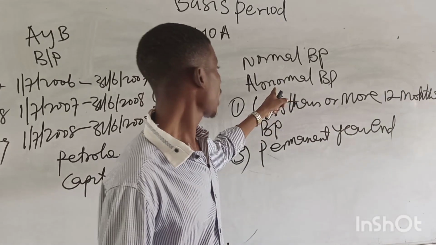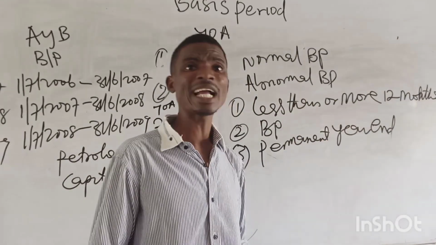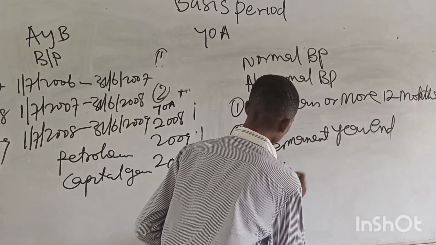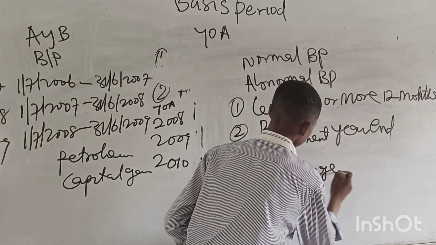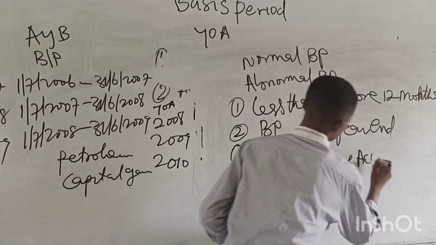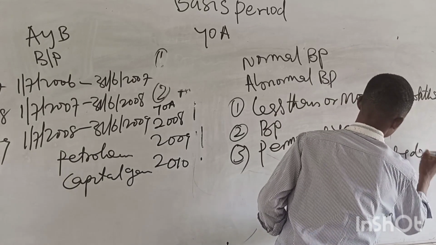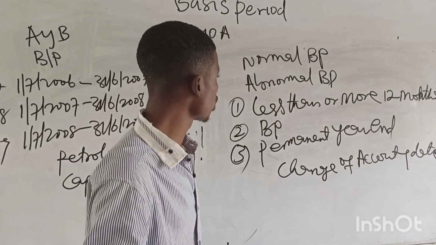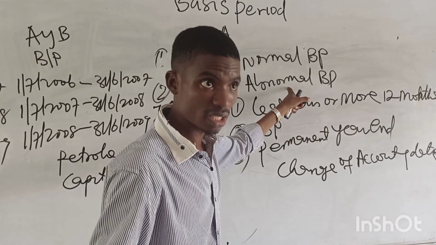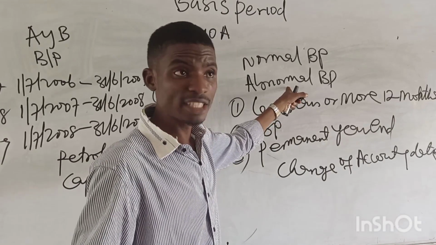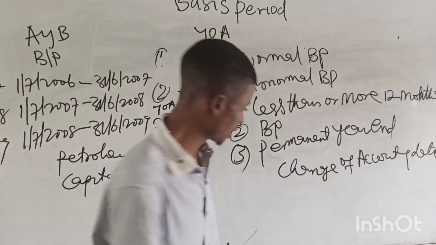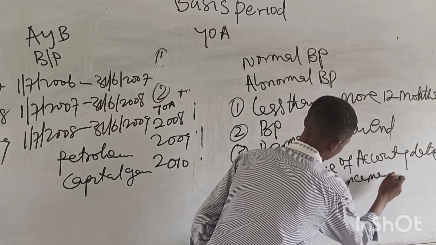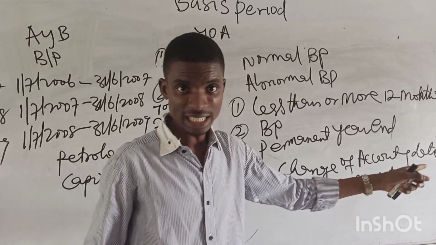Abnormal basis period is usually experienced when there is a change of accounting date. Another one is during commencement of a business.